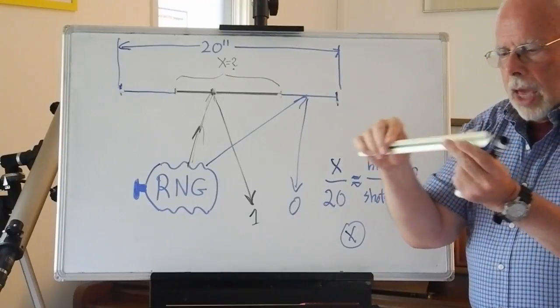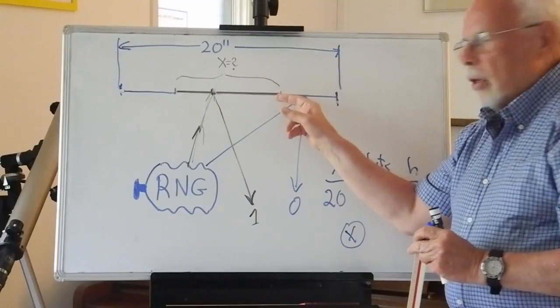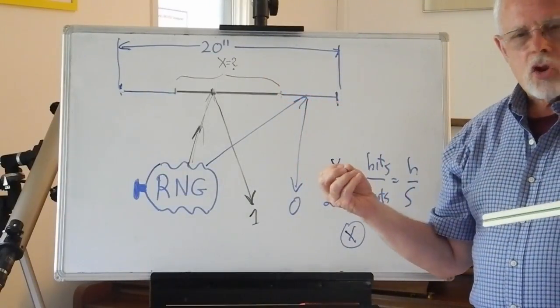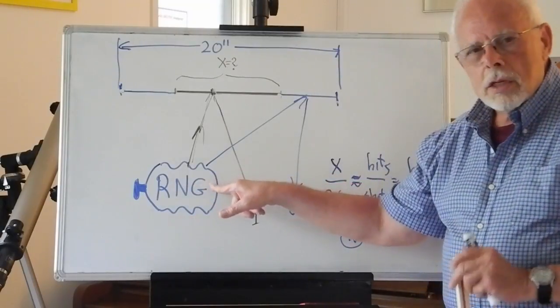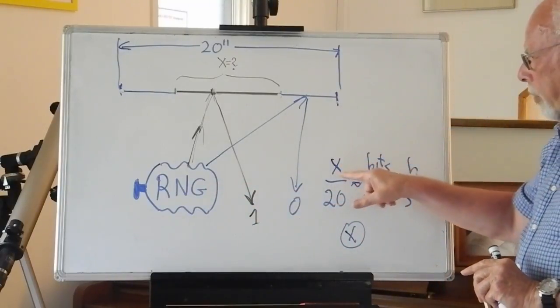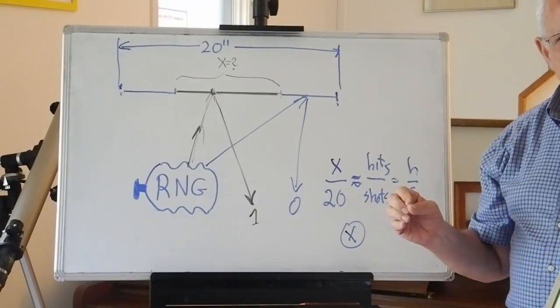It had a limit. I cannot measure with this ruler the value of x more than, let's say, 1/10 of an inch. But with this method, as long as this is purely random, I can get the value of x to any desired accuracy.